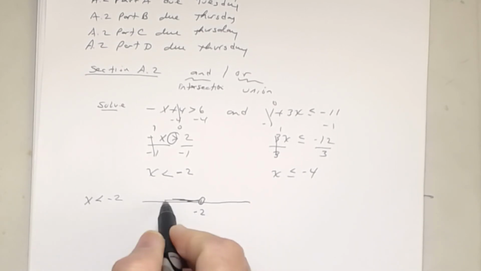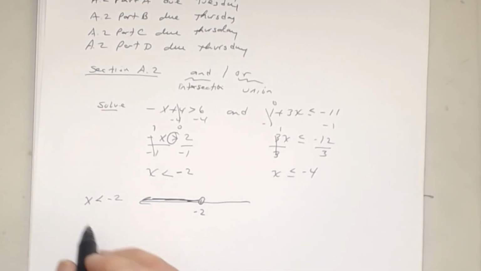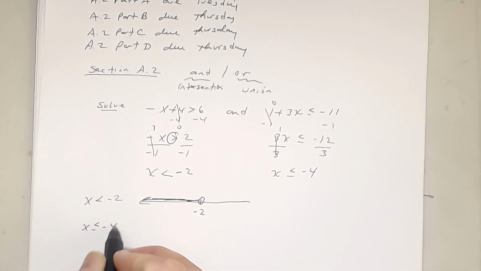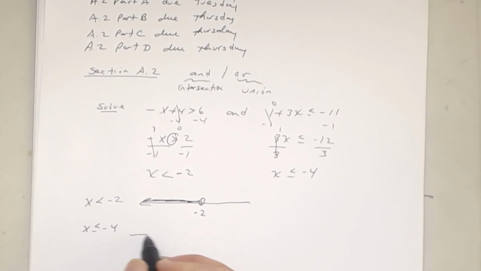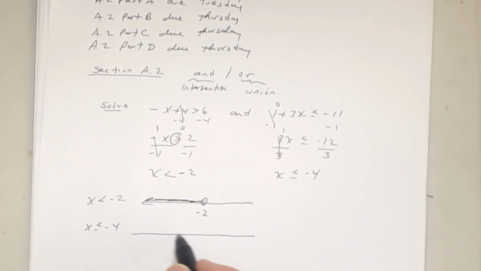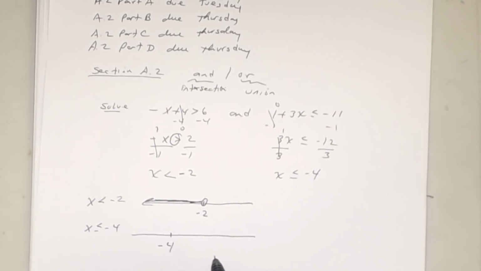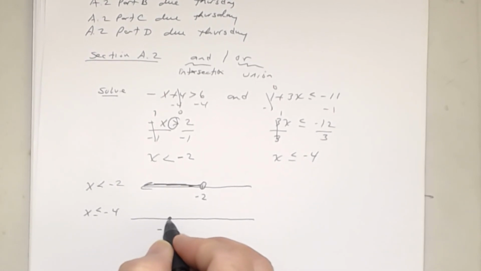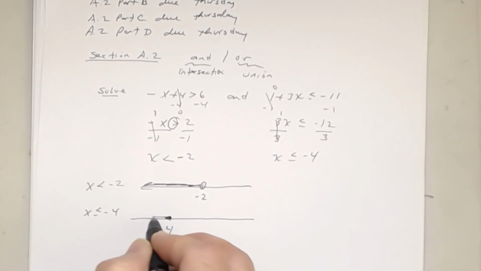To the left. All right, now I'm going to graph the next one. x is less than or equal to negative 4. Now where do I put negative 4 in terms of this number line here? To the left or the right of negative 2? To the left. So negative 4. Open or closed circle? Closed, going which way? To the left.